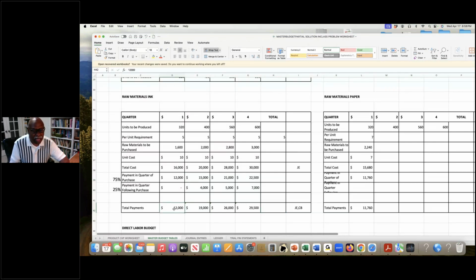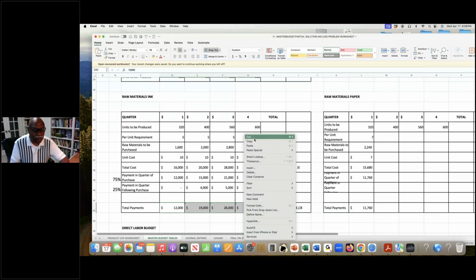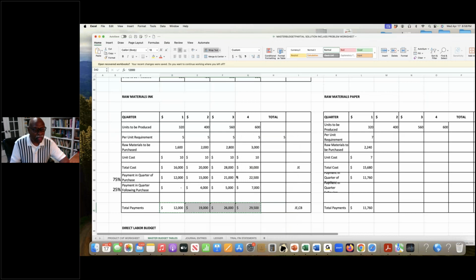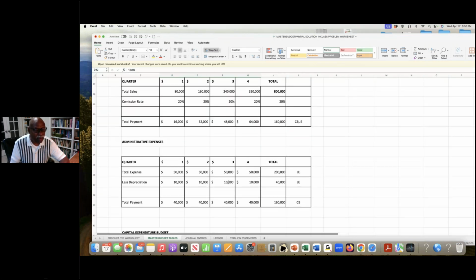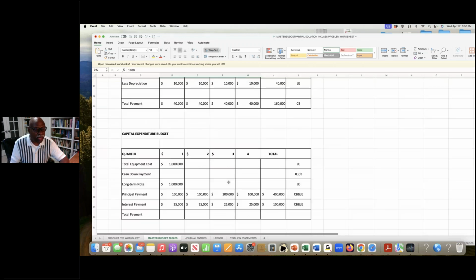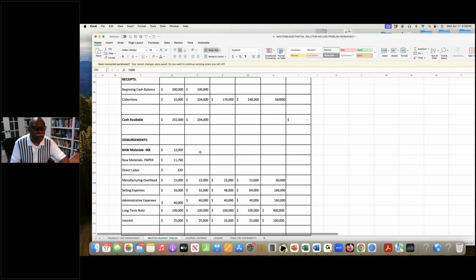So now I'm going to get those payments and copy them. The goal is always to get the cash payment and put it on the capital expenditure budget.